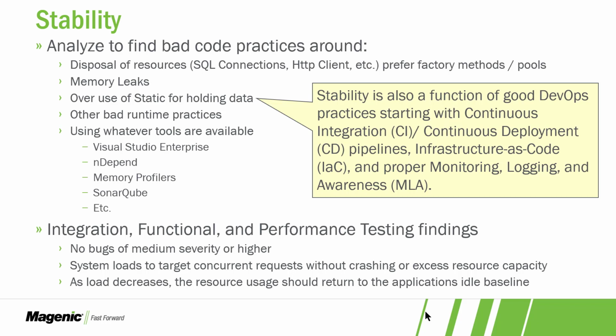And these are sort of the minimum components of a good DevOps program, right? We need pipelines, we need infrastructure as code, we need monitoring, logging, and awareness. And all of these things allow us to either increase stability, measure stability, or manage instability, which manages risk.